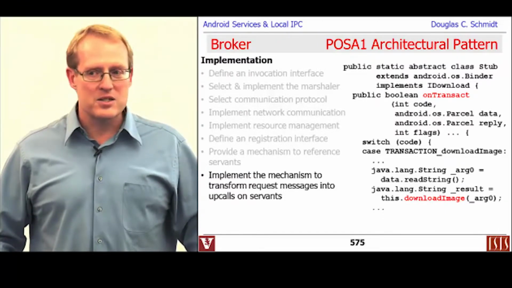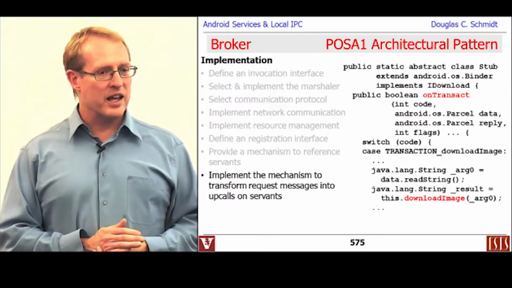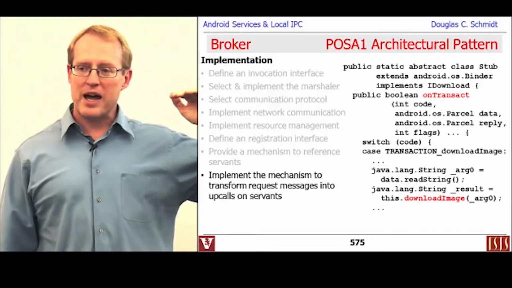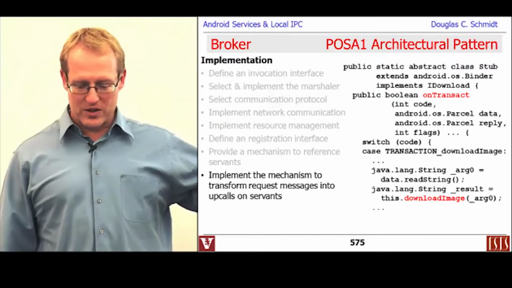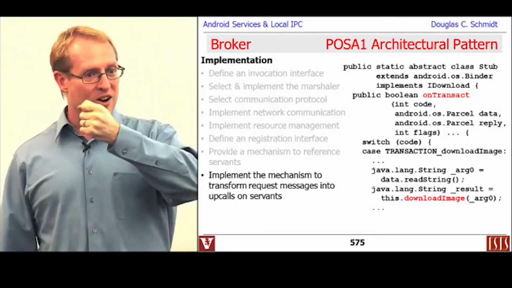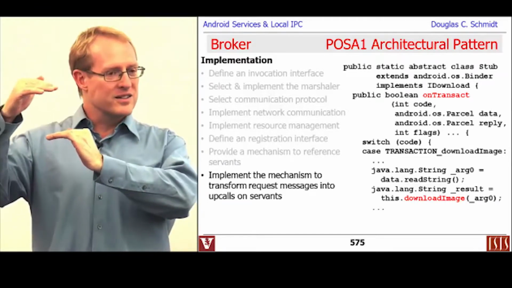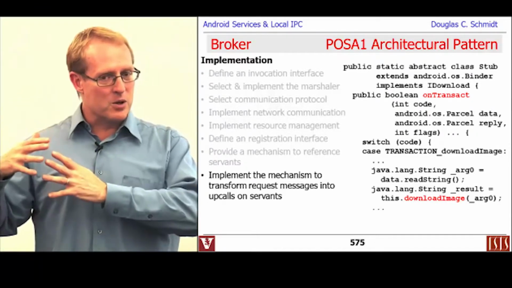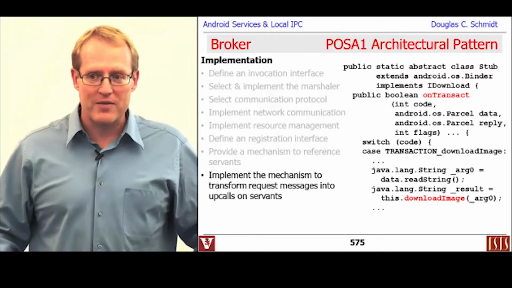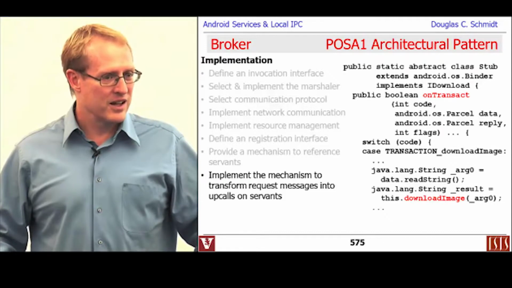So in this particular case, this is handled by the stub. When the generated stub comes out, it has an onTransact method, and that onTransact method will take a look at the particular code that was passed over by the transact call, and that transact call will then end up dispatching the onTransact callback, which looks at the code, which tells it how to demarshal the various fields that are passed over in the parcel, and then that's turned into native data types in this case, which are then passed to the upcall method to the actual servant implementation.